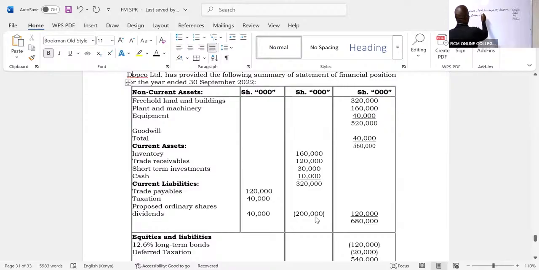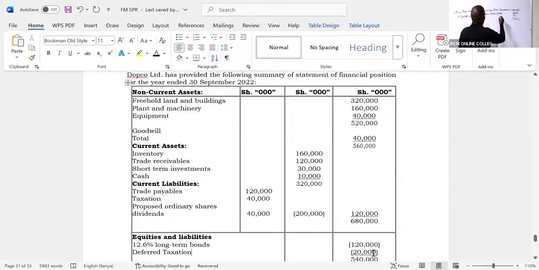So minus 200,000, minus, ladies and gentlemen, our long-term liabilities, the non-current liabilities. They are here. You can see we have a bond of 120,000. So you subtract that. We also have deferred taxation here of 20,000. We subtract that one. It's not our money.